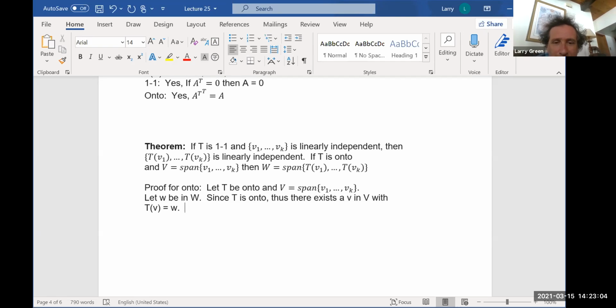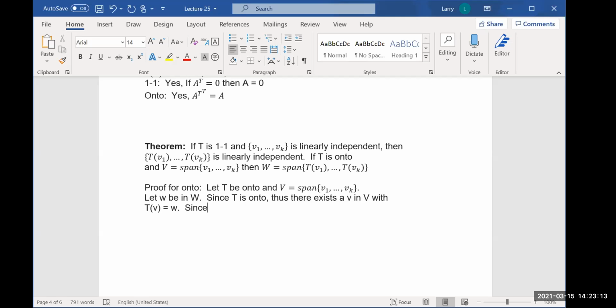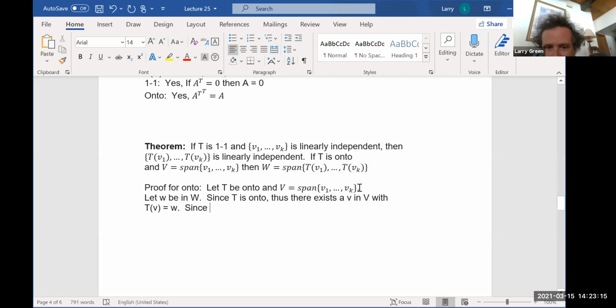But capital V is a span of V1 through VK. So how can I rewrite little v as a linear combination? Yeah. So let me just write this out.